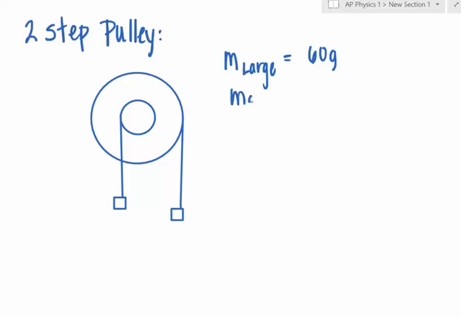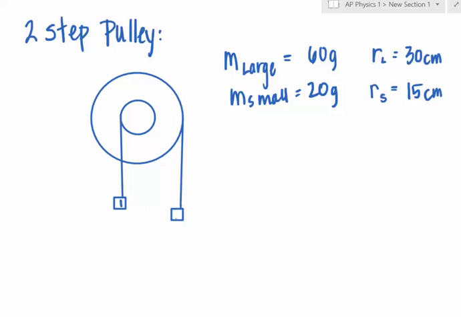The mass of the small one is 20 grams. The radius of the large one is 30 centimeters. The radius of the small disc would be 15 centimeters.